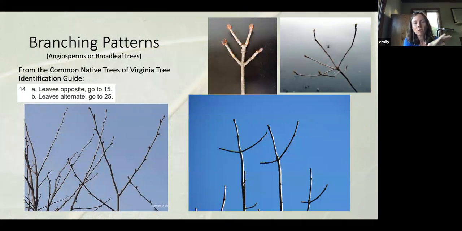So we're going to follow the A piece for a moment, and you should see in these diagrams, these pictures, the one on the left is alternate branching.